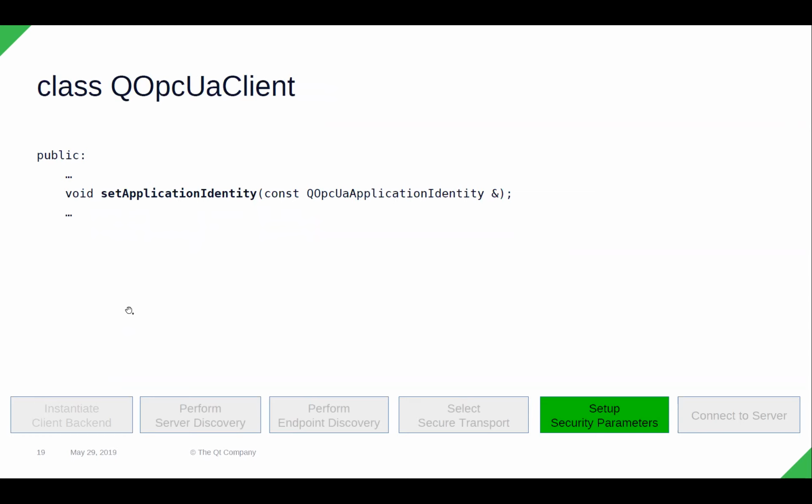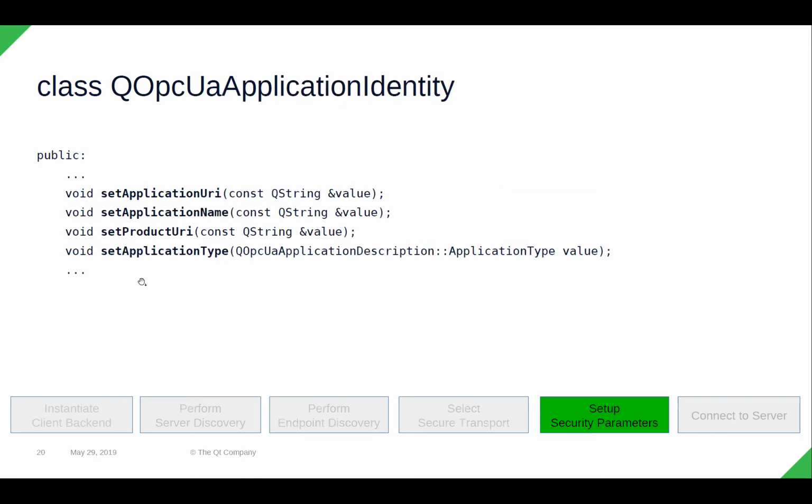And the next step is then to set the application identity. This is used to identify your client to the server. And it also has some properties which you can set: its application URI, its name, the product URI, and its application type.